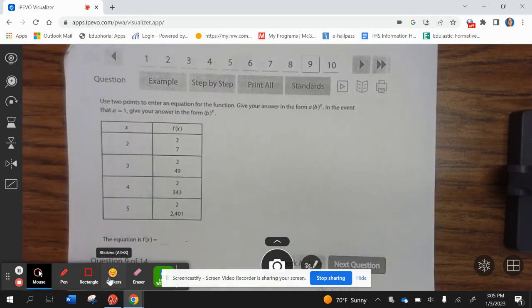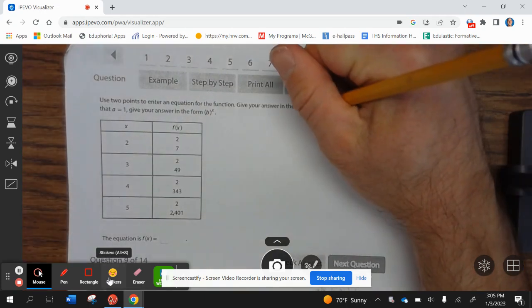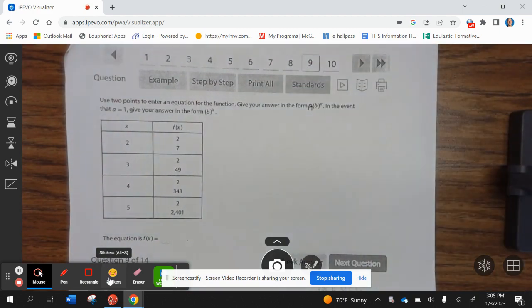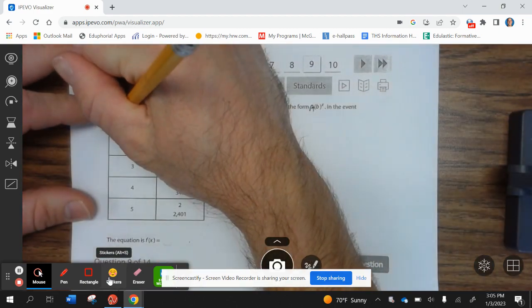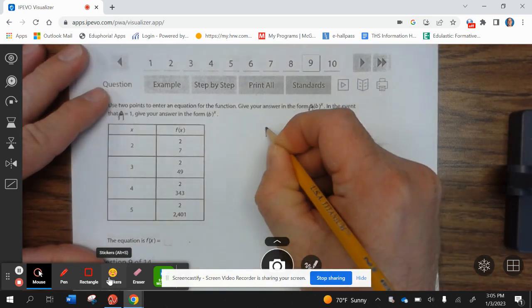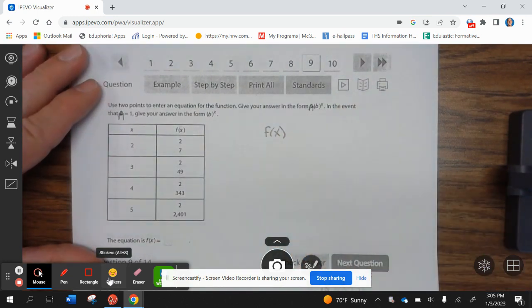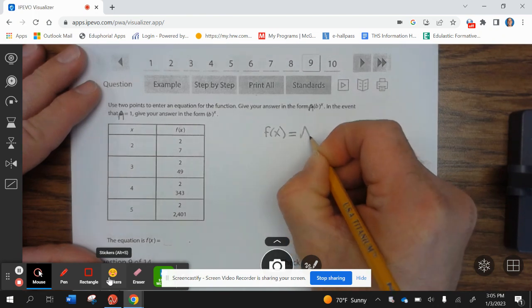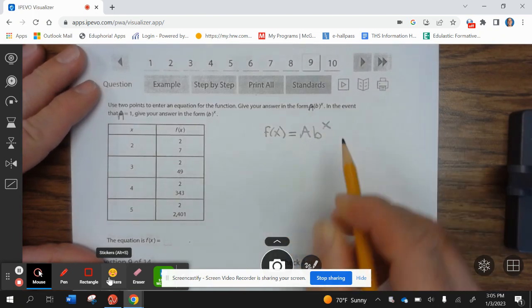All right, use 2 points to enter an equation for the function. Give your answer in the form of a, and I'm going to use capital A. It just makes things a little bit easier to see. Okay, so the first thing we need to do is we know we're using the form f of x equals a times b to the x. We need to find the b value.